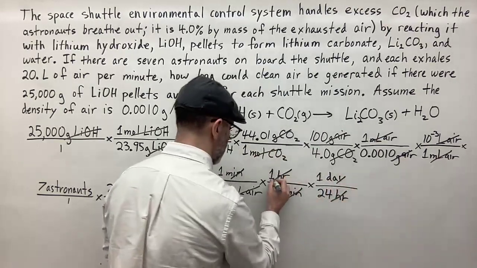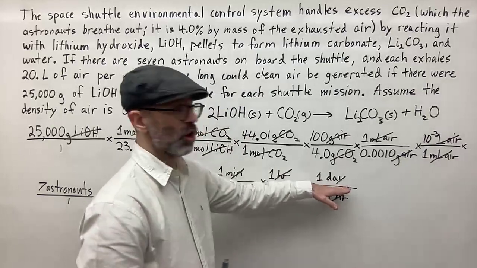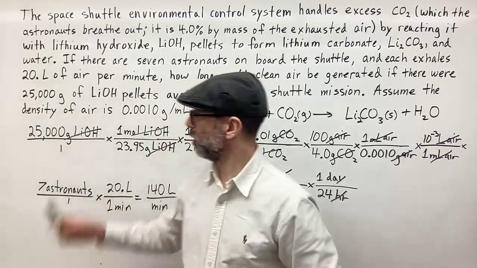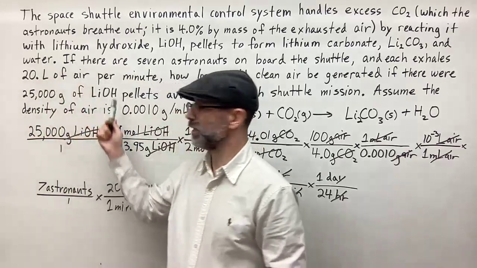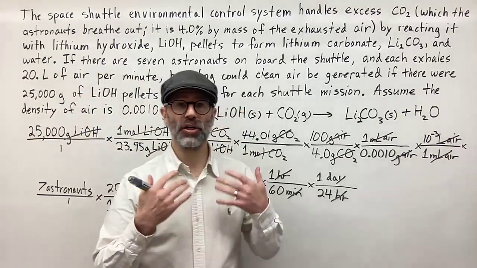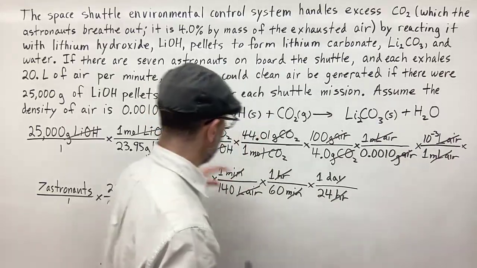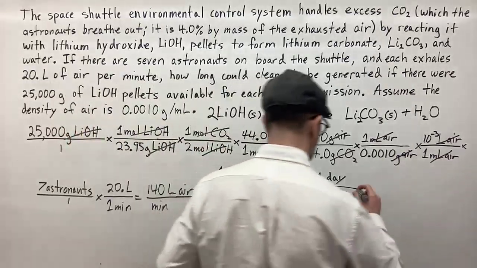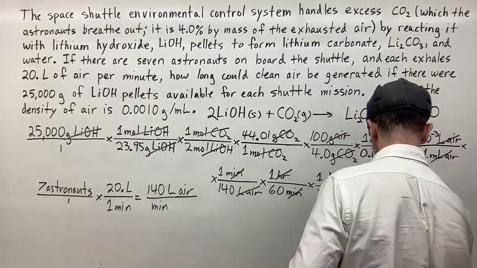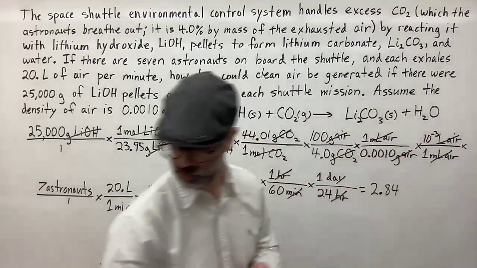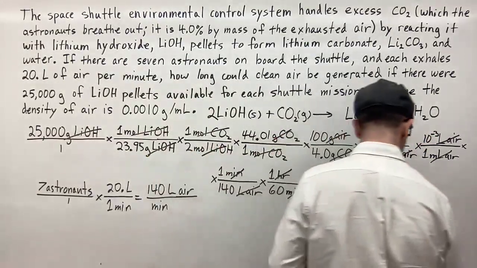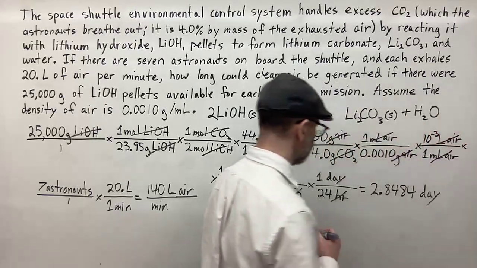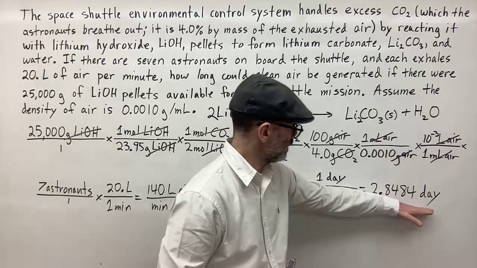So hours cancel out, and now I have days. Now I can calculate the number of days that 25,000 grams of lithium hydroxide can generate clean air. When I calculate this out, I get 2.84 and some change days.